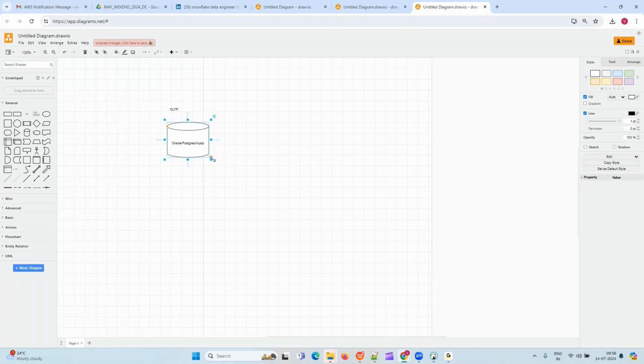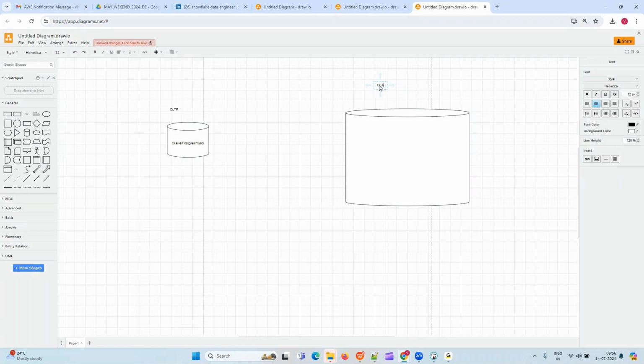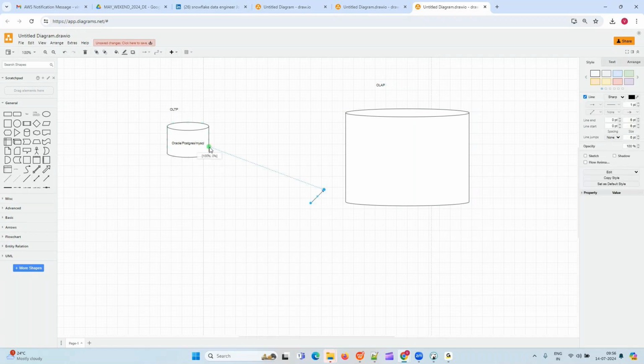I am going to move it to another system called OLAP, Online Analytical Processing System. Here it is transaction processing, here it is analytical processing, and we are going to move all the historical data from here to here. Maybe the last 1 year of data we'll keep here, and all the 9 years old data we'll put here.